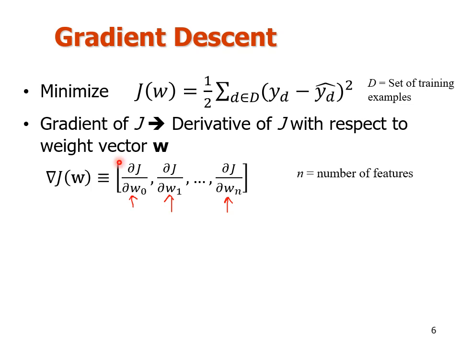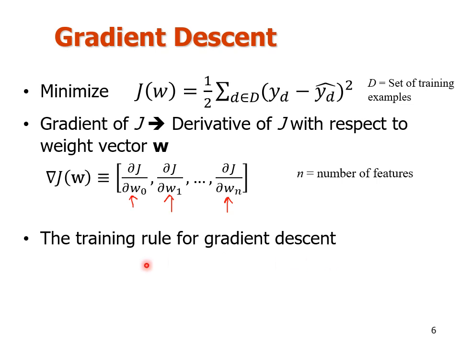Now what we would like to do is follow small steps towards the minima. So we need to use a training rule for gradient descent to update the weight vector w.